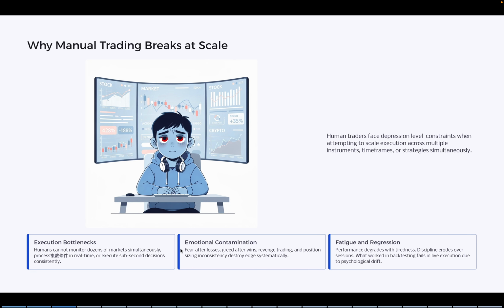So for example, when you're doing manual trading, you have fear after losses and greed after wins. You do revenge trading and all of those things that will make you unprofitable. And then the third one is fatigue and regression. So it basically means performance degrades when, for example, you're tired or you're with your kids or with your family, etc. And so these are all the reasons why you should shift to algorithmic trading.